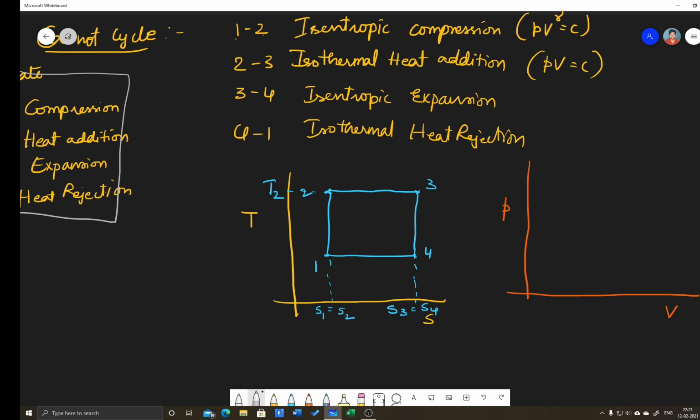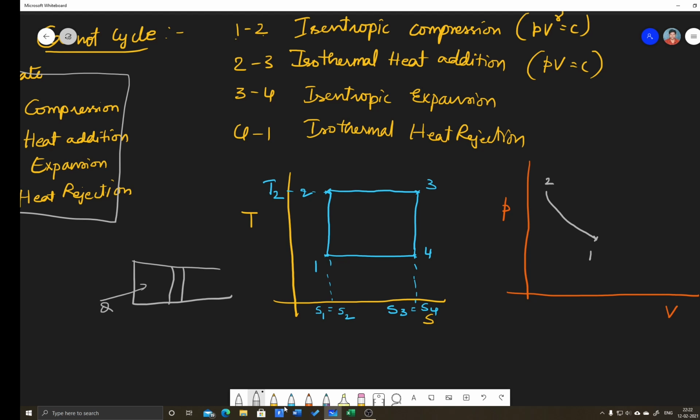So at this point we will compress the gas from 1 to 2. So next we are doing it as heat is being added to the system. 2 to 3. If heat is added, say suppose there is a piston and cylinder.